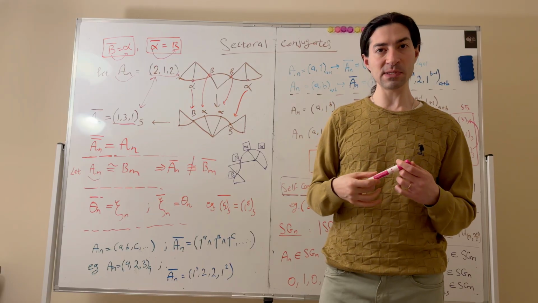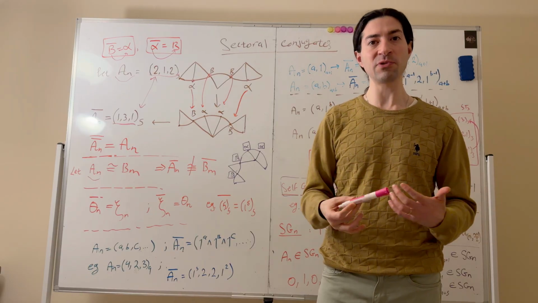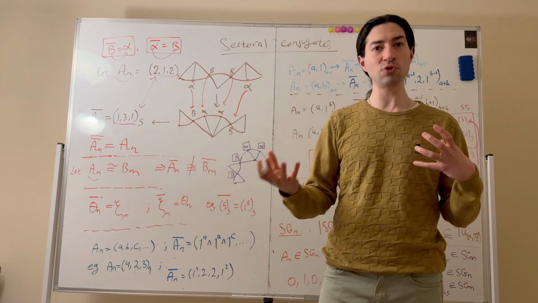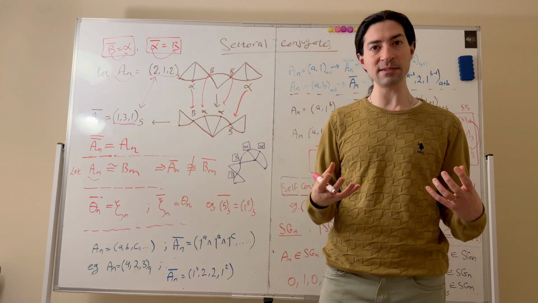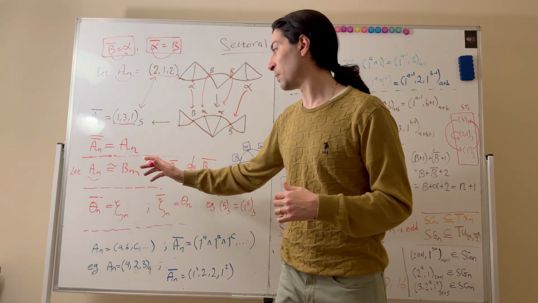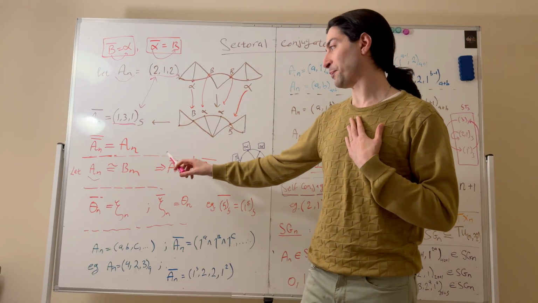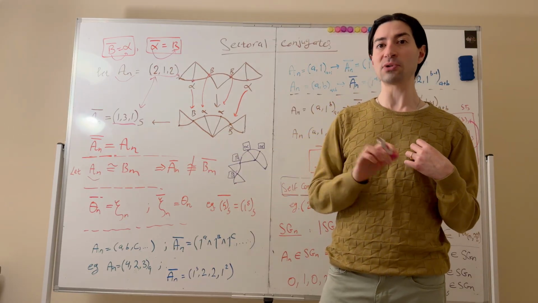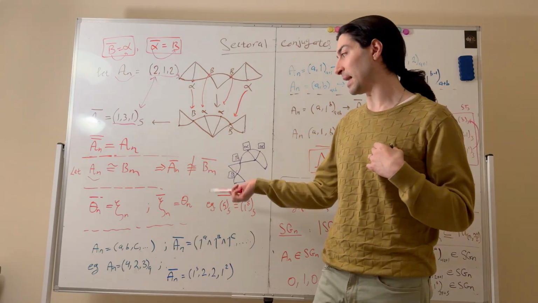Because many times, when we apply different functions to them, we will get different results. So they're really two different geometric entities, but they have this isomorphism. So the conjugates of two isomorphic sectoral structures are not isomorphic.